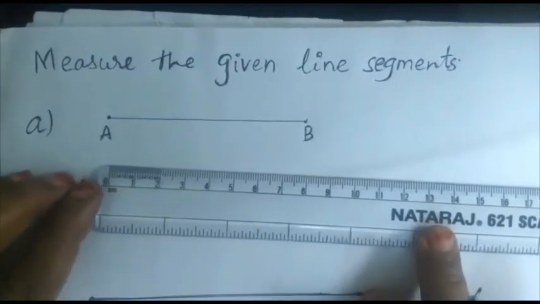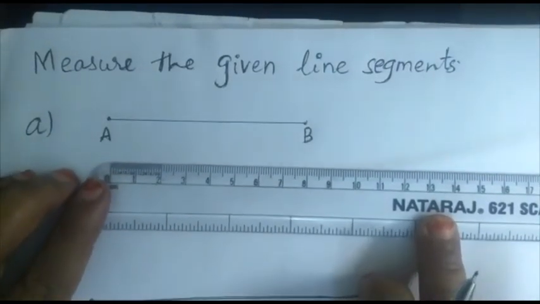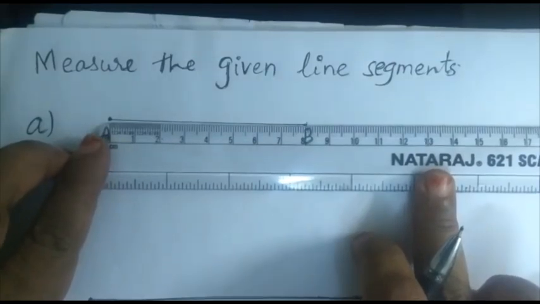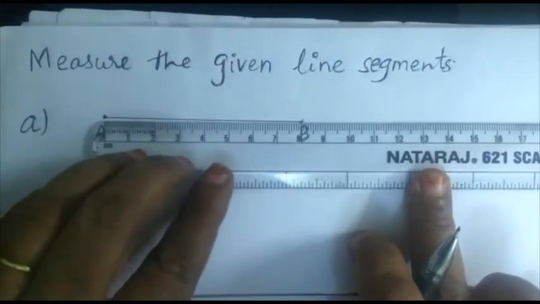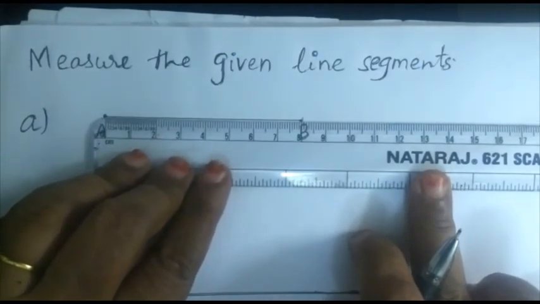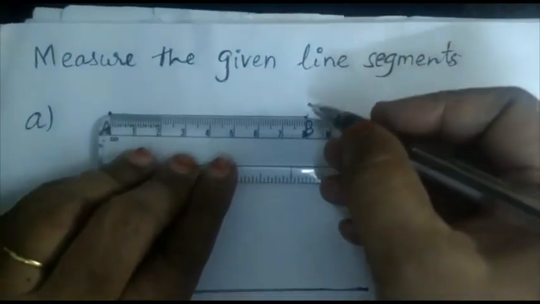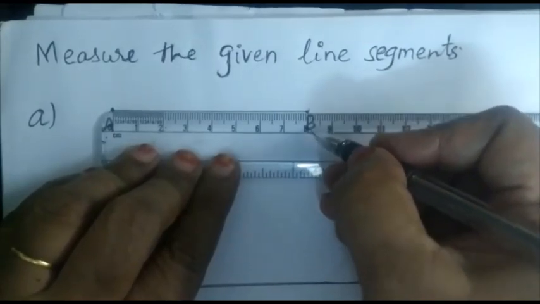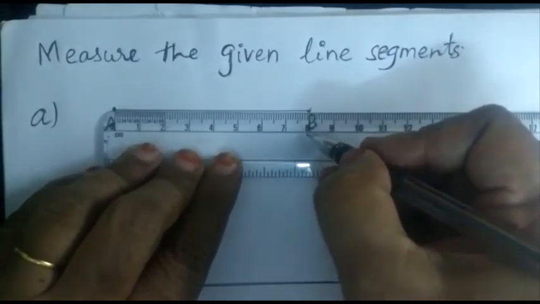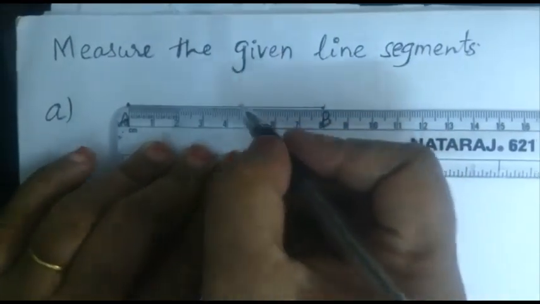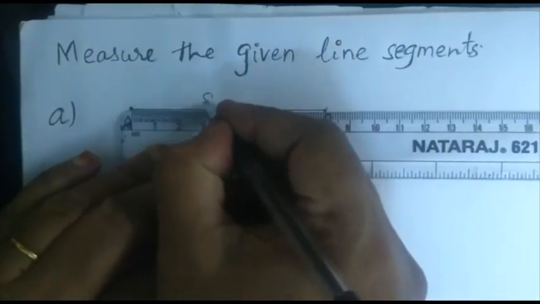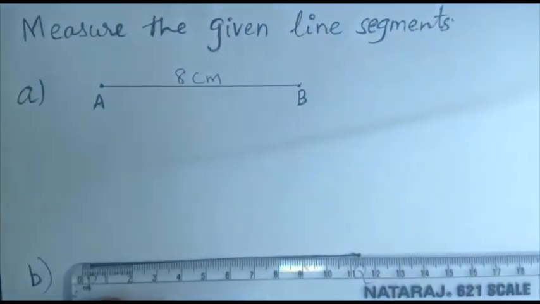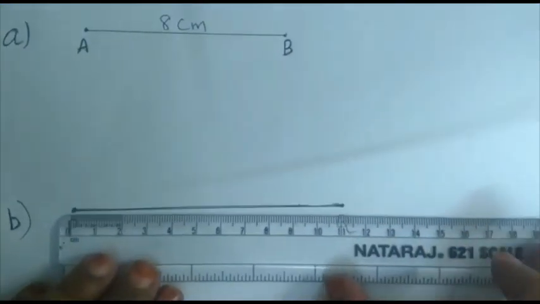First, the 0 on the ruler should coincide with the starting point of the line segment, that is A. Then now you see where is the ending point of the line segment, that is B. Which number is it coinciding with? It is 8. So what is the length of the given line segment? It is 8 centimeters.